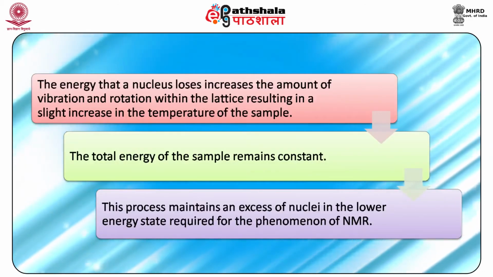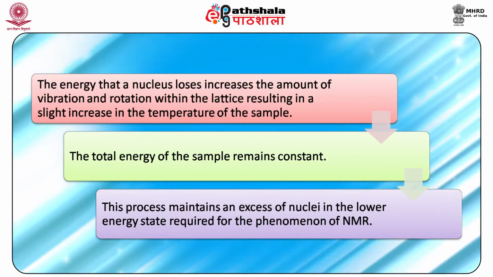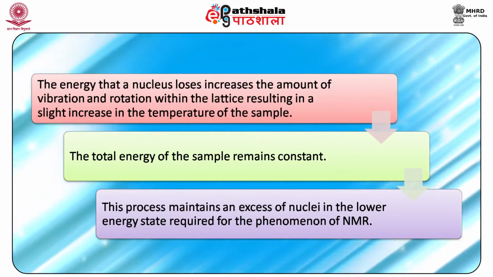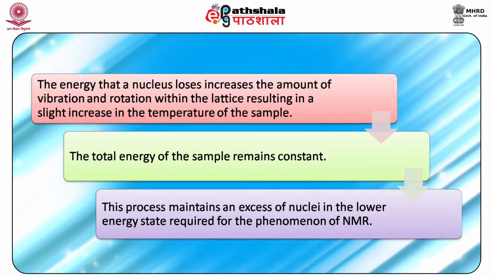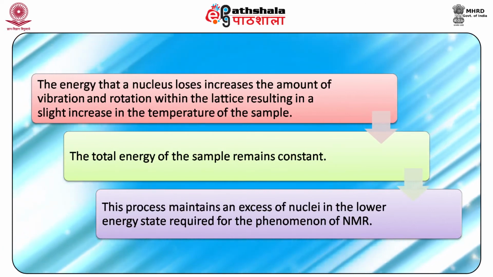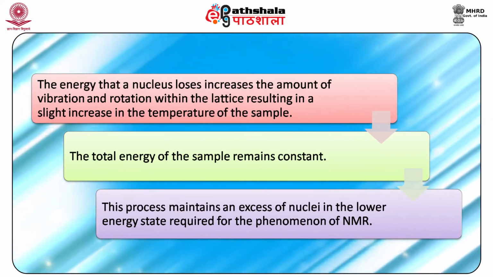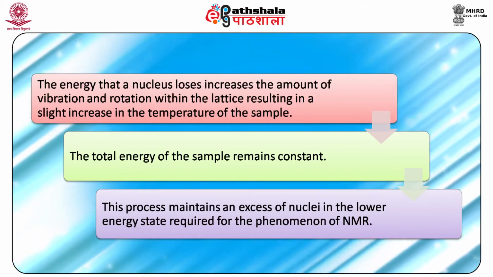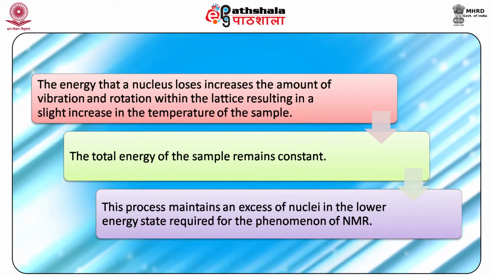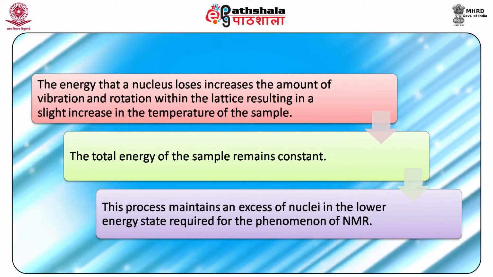The energy that a nucleus loses increases the amount of vibration and rotation within the lattice, resulting in some slight increase of temperature in the sample. The total energy of the sample remains constant. This process maintains the excess nuclei in the lower energy state, which is a required phenomenon for NMR to occur.